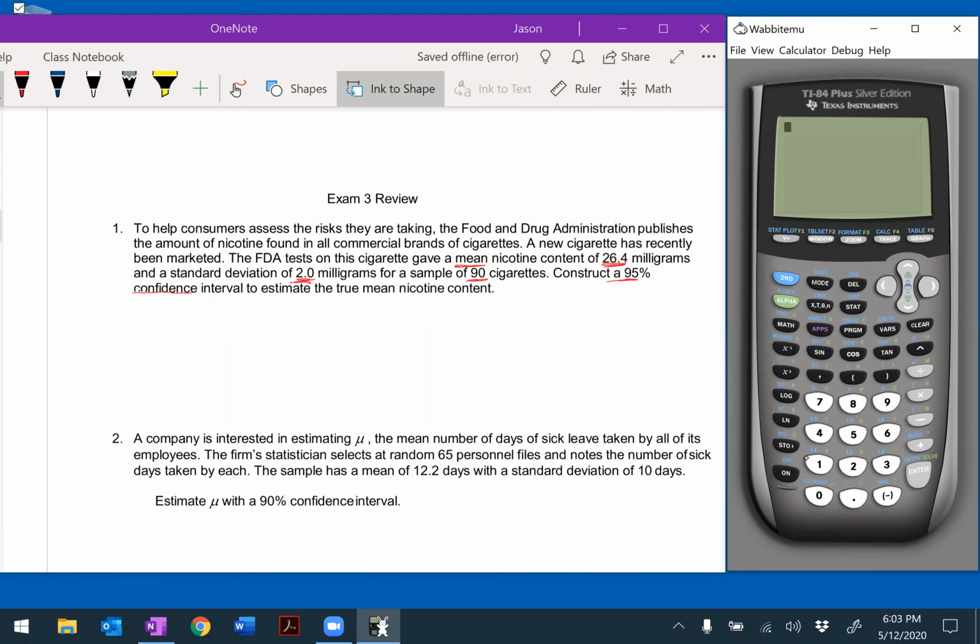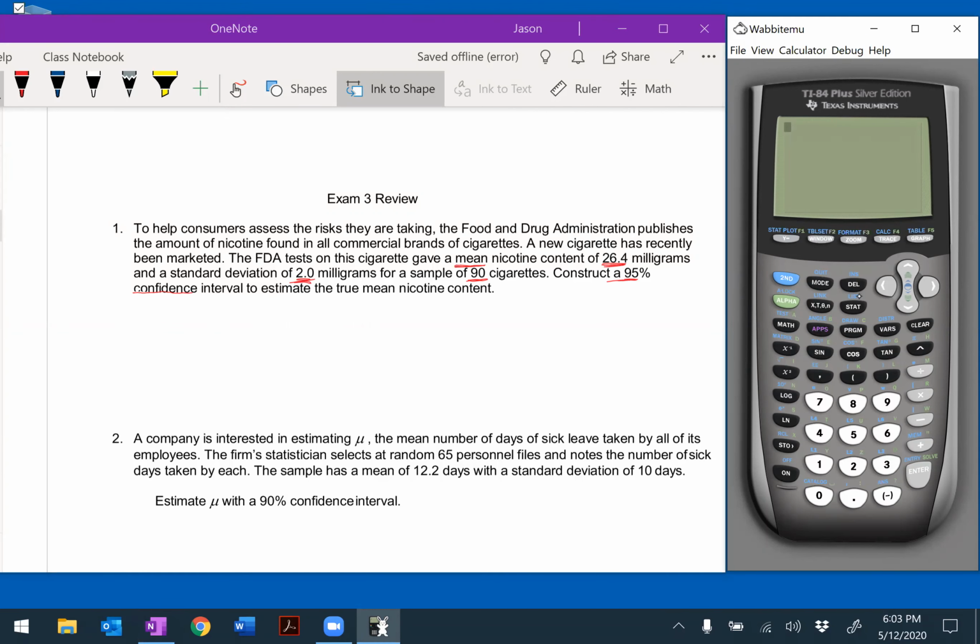And so we're going to do a mean interval. Well, what's a mean interval? That's a t interval. So we're going to go to tests, and we're going to go down to where it says t interval. I believe that's 8. We're going to use the stats that they give us. The mean was 26.4, the standard deviation was 2.0, and the sample size was 90.